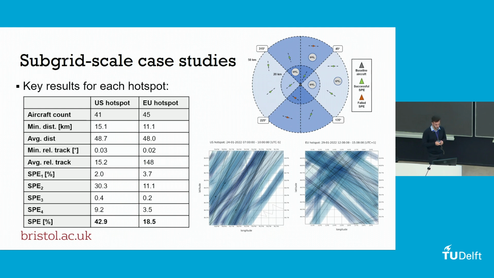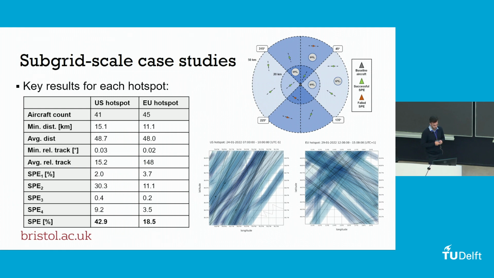The average relative track, on the other hand, was very different between the two, because you can see that for the EU hotspot, we actually get a lot of crisscrossing of trajectories, whereas for the US one, it was all relatively straight, just traveling from the top right to the bottom left. So we see a difference there of 15.2 compared to 148 degrees. And there are the sums of the SPE criteria.